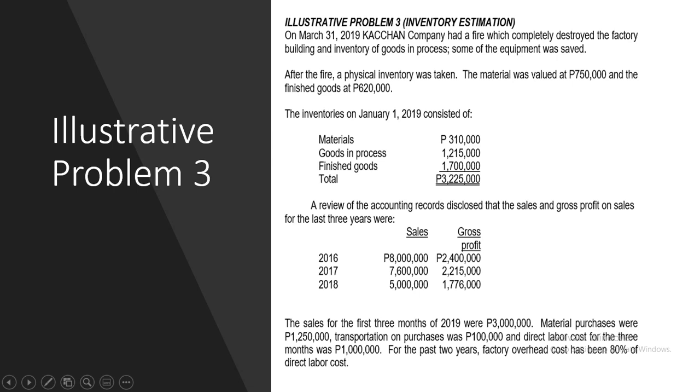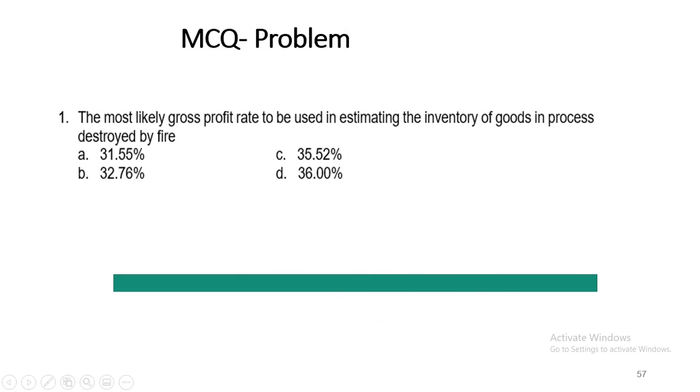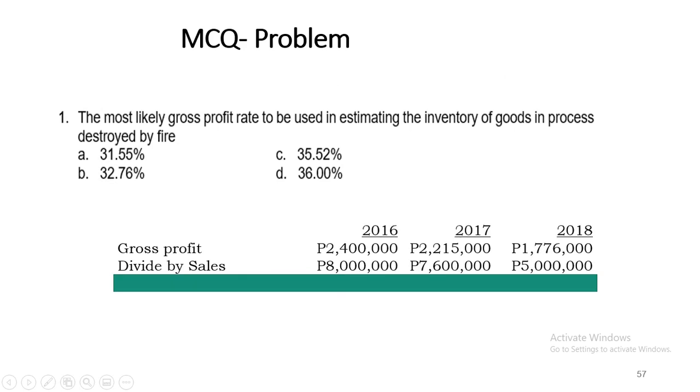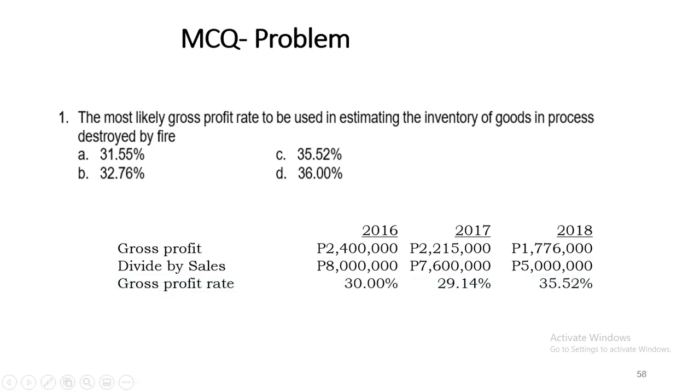So for question number 1, how much is the gross profit rate to be used in estimating the inventory of goods in process destroyed by fire? So our basis is the 3-year previous gross profit on sales. So gross profit divided by sales for 2016 is 30%, 2017 is 29.14%, 2018 is 35.52%.